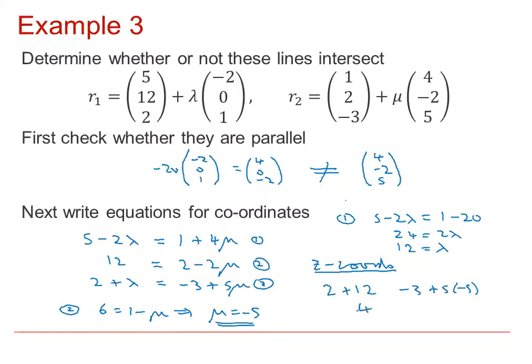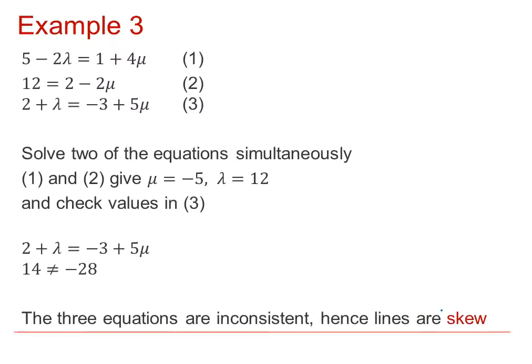So we've got 14 on one side and minus 28 on the other side, and you can see that these are not equal to each other. So these lines do not meet. We know that they're not parallel, therefore they must be skew lines. We say that these three equations are inconsistent with each other, and hence the lines are skew.